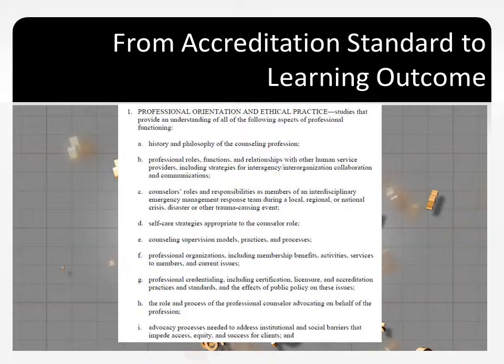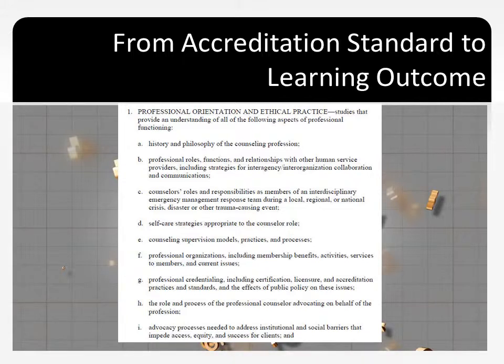Now, ideally, these standards would already be written in the language of student learning outcomes, but often that is not the case, so they require some translation into that language. And we're going to take this example where the first domain for CACREP is professional orientation and ethical practice.